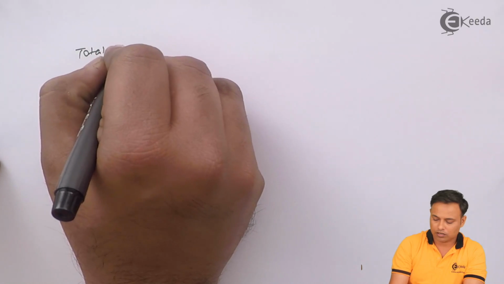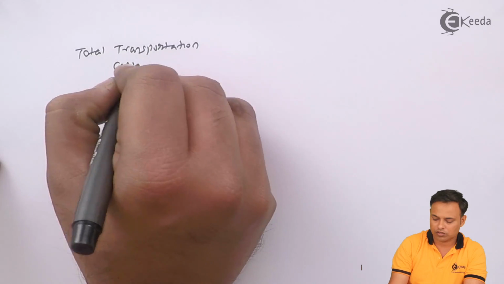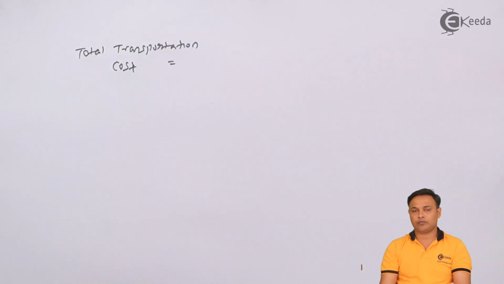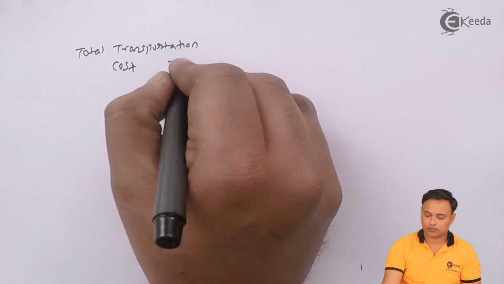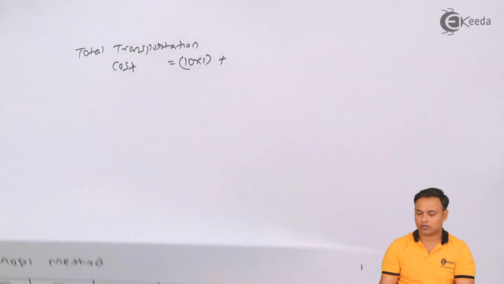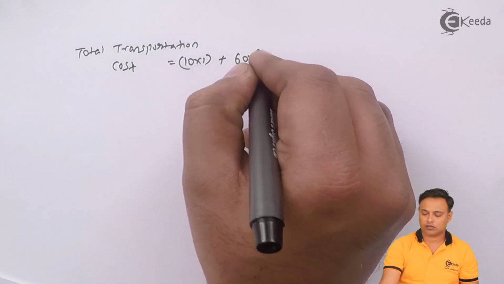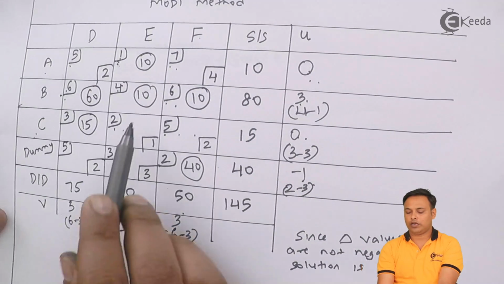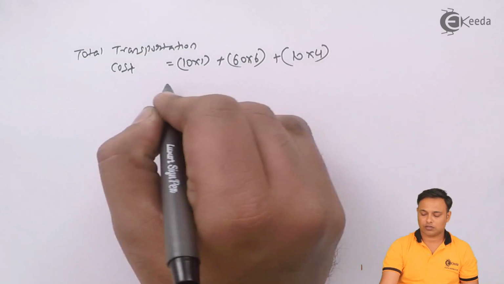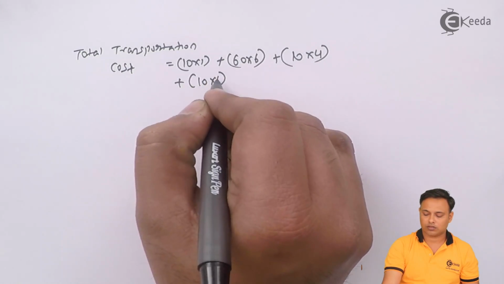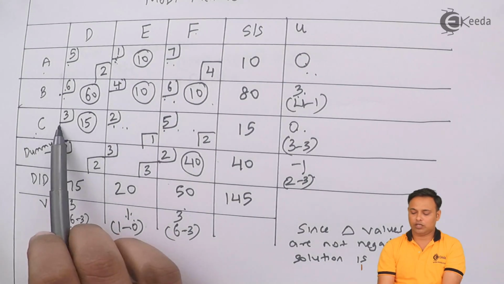Total transportation cost. We have to simply multiply the allocations with the cost. So 10 into 1. 60 into 6. 10 into 4, 10 into 6. 15 into 3.